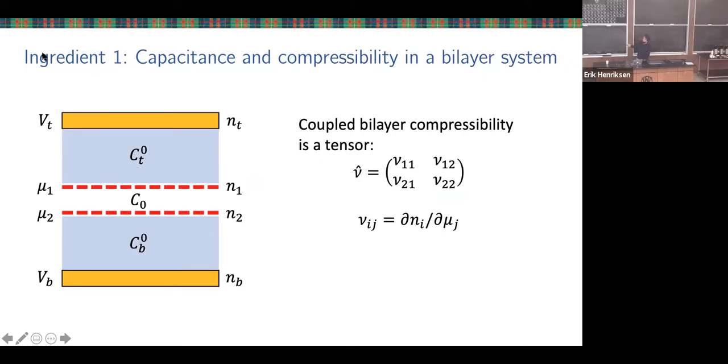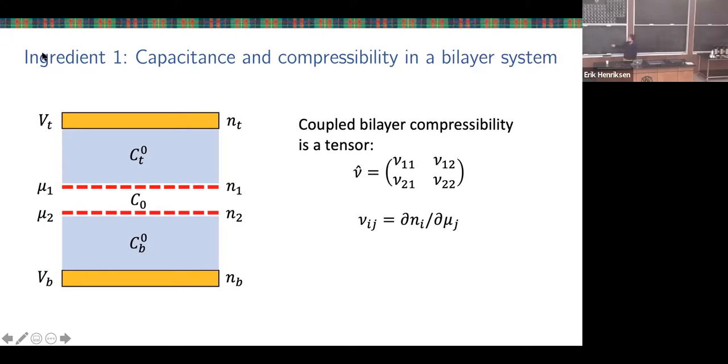If you have a bilayer system with a top gate and a back gate plus two layers, the key thing is that the chemical potentials and the densities can be different on the two layers. And in particular, with two chemical potentials and two densities, the compressibility really has to be written as a tensor.